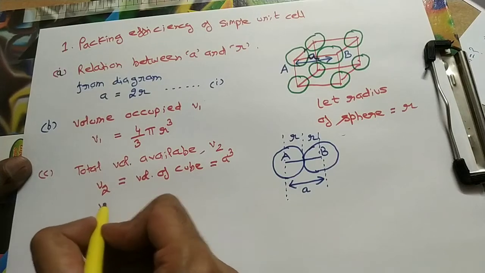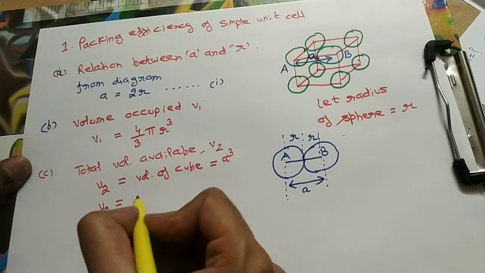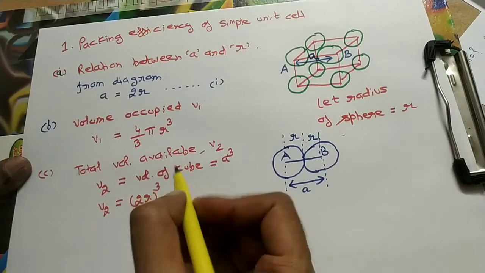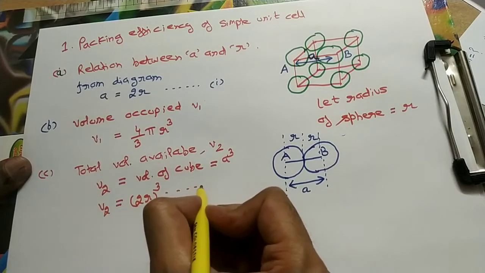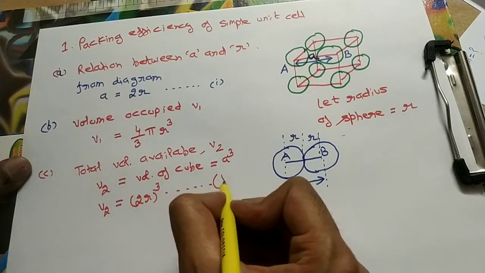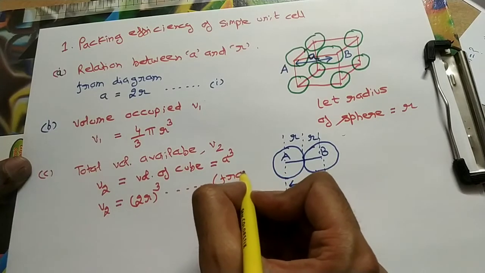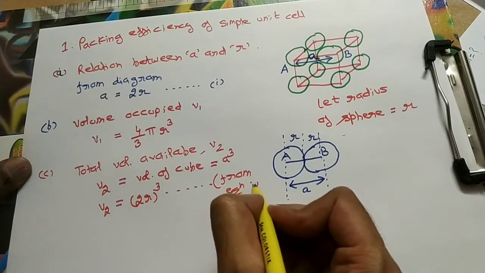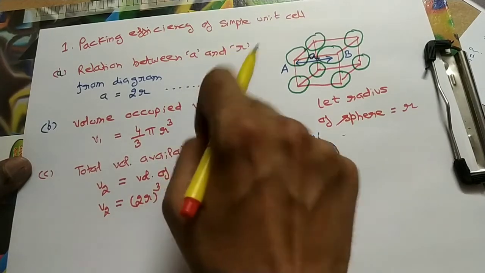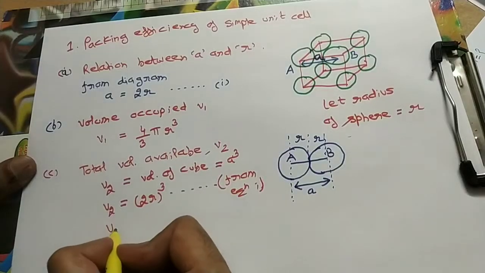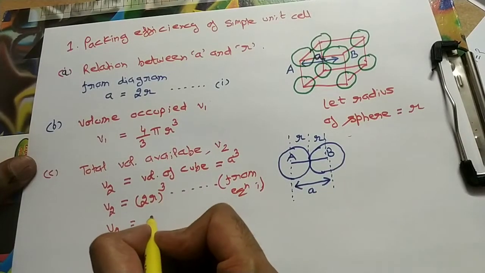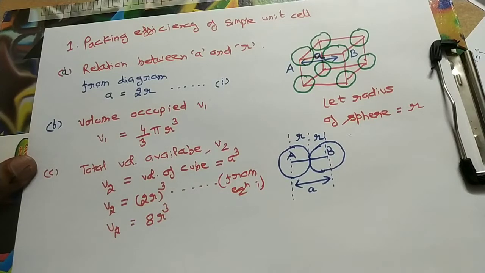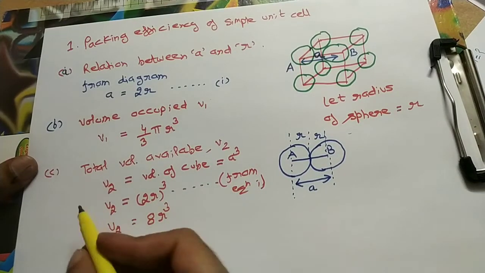Put the value of a. It's (2r) cube. ये कहाँ से आया? This is from equation 1. सो v2 क्या हो जाएगा? v2 इज 8r क्यूब.